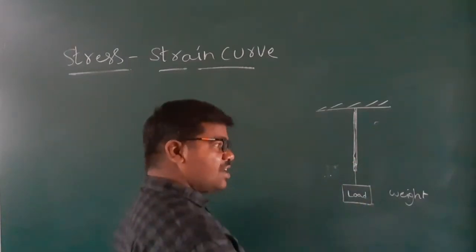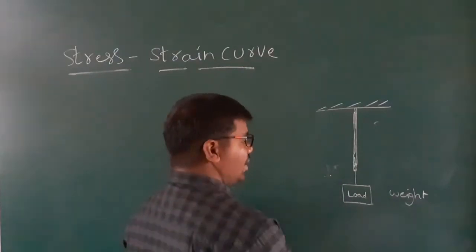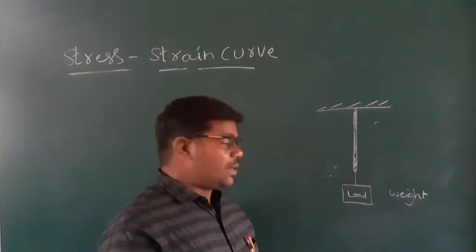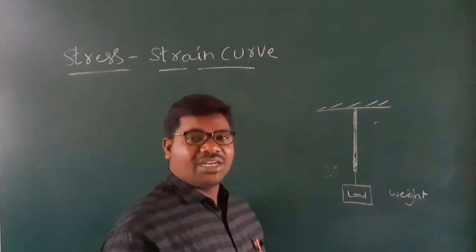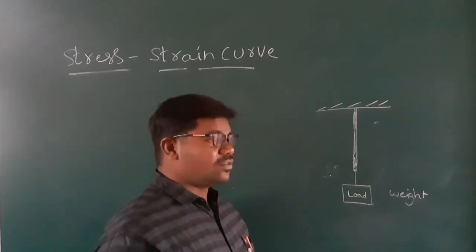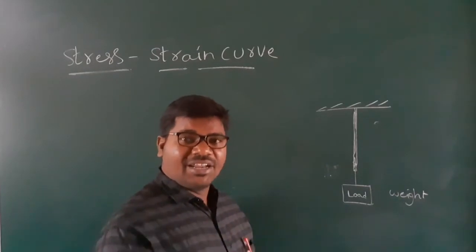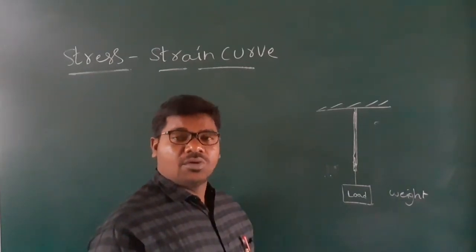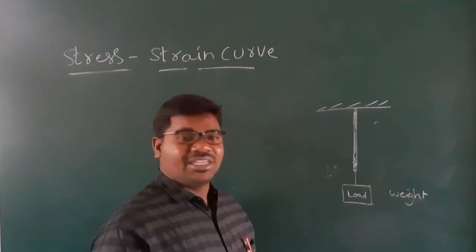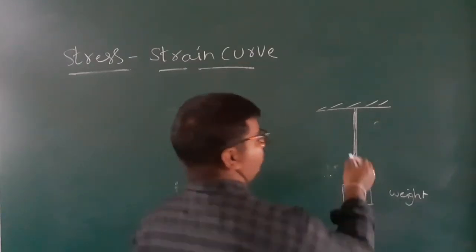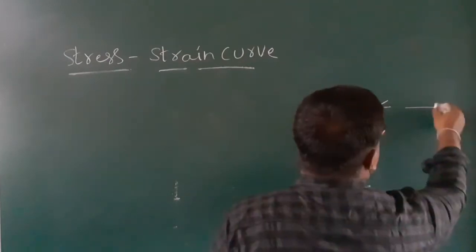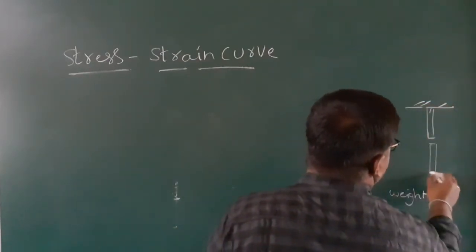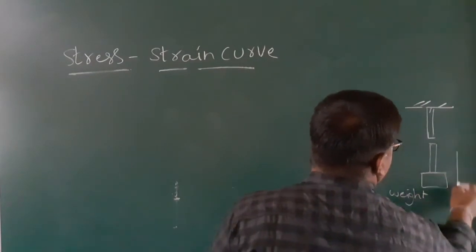Like that we gradually increase the weight, the length gradually increases, and at a particular weight, after removing the deforming force, the material will not regain its original shape and size. After that, as we gradually increase, the wire will break and fall down.